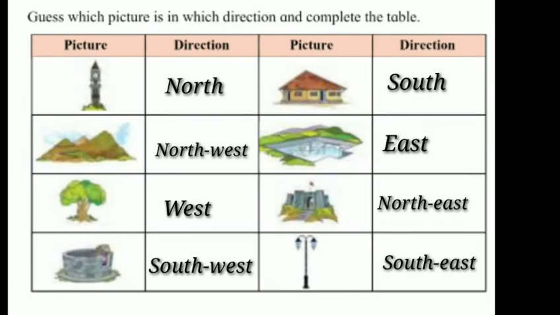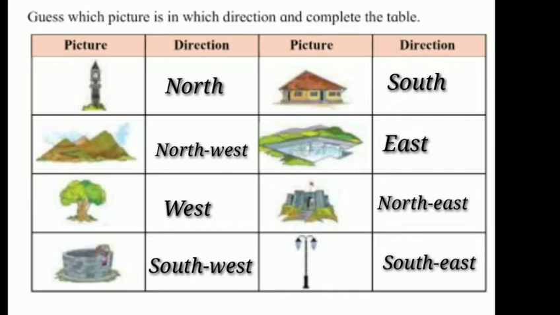Now students, coming again to page number 81, guess which picture is in which direction and complete the table. Now you see the clock tower. It is in the north direction. Then you see the mountains. They are between north and the west. So northwest direction. The tree is in the west direction.